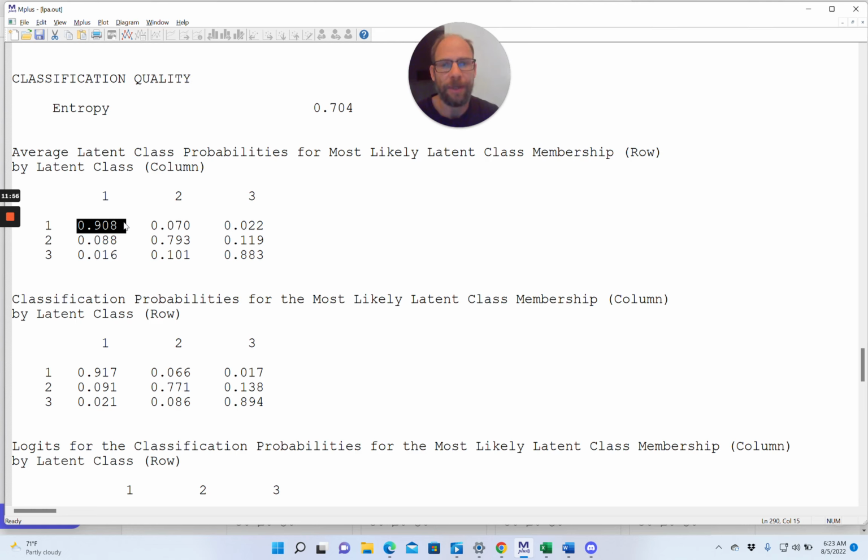And that's really high. So they had on average a very high chance of actually belonging to this class. And then for class 2 it was about 80%, and for class 3 88.3%. So those are good average class assignment probabilities, showing that individuals on average were classified with high certainty, that the classes were well separated. And so that's something that you want to take a look at.